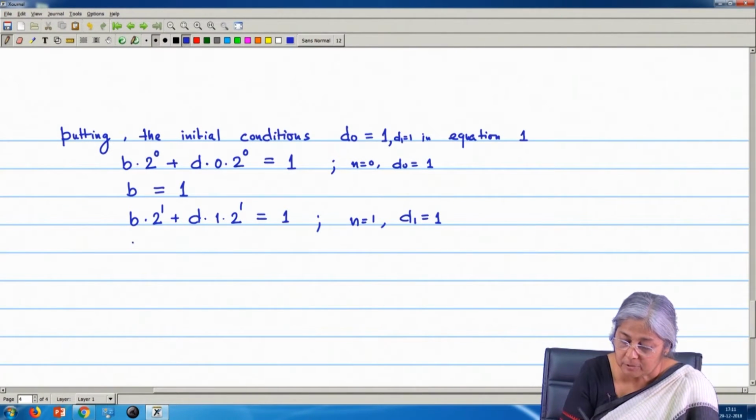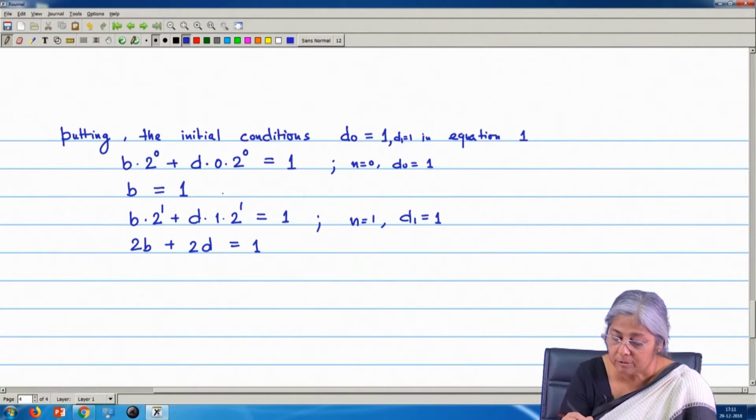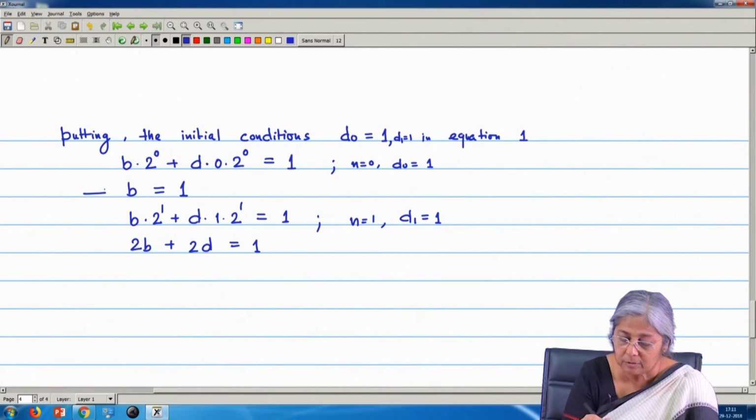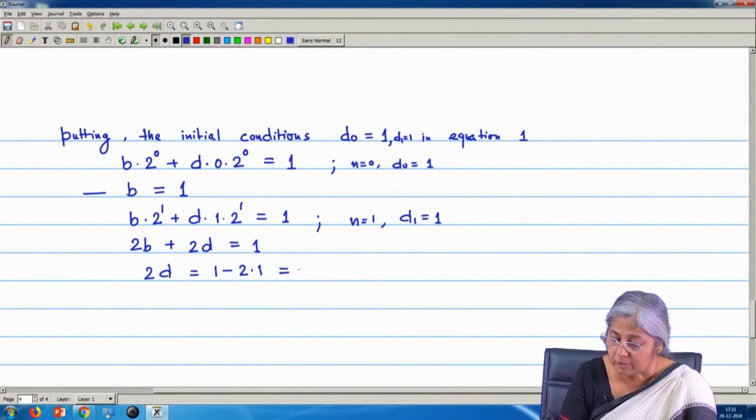So, this becomes 2 b plus 2 d equal to 1. Already we got b equal to 1. So, 2 d equal to 1 minus 2 b equal to minus 1. So, d equal to minus half.